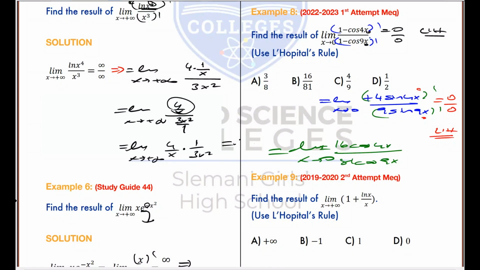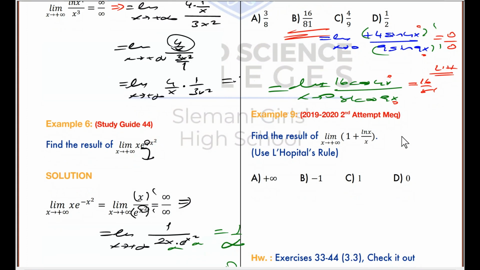So by substituting 0 for x, cosine 0 is 1, giving 16 over 81, which is option B. So whether the question tells you to use L'Hopital's rule or not, whenever the case is 0 over 0 or infinity over infinity, we can always apply it.